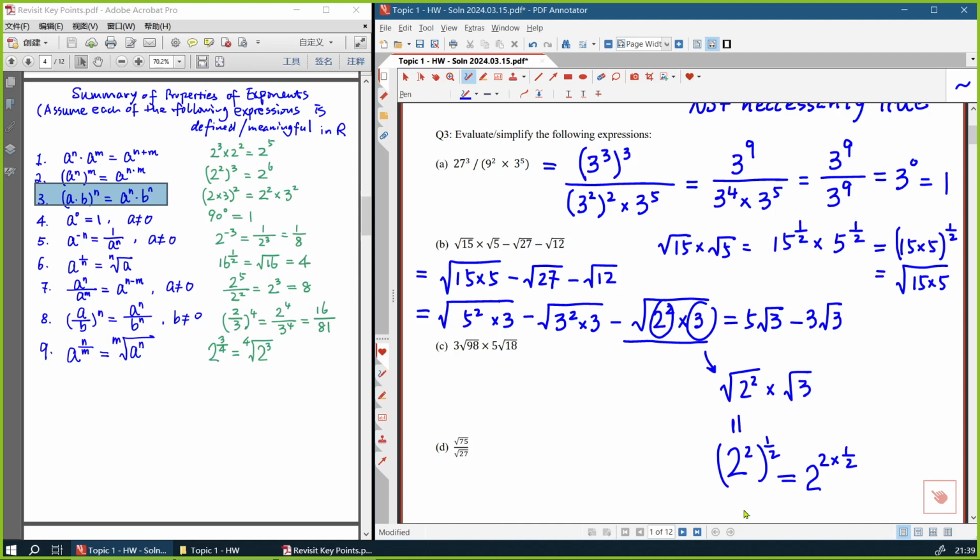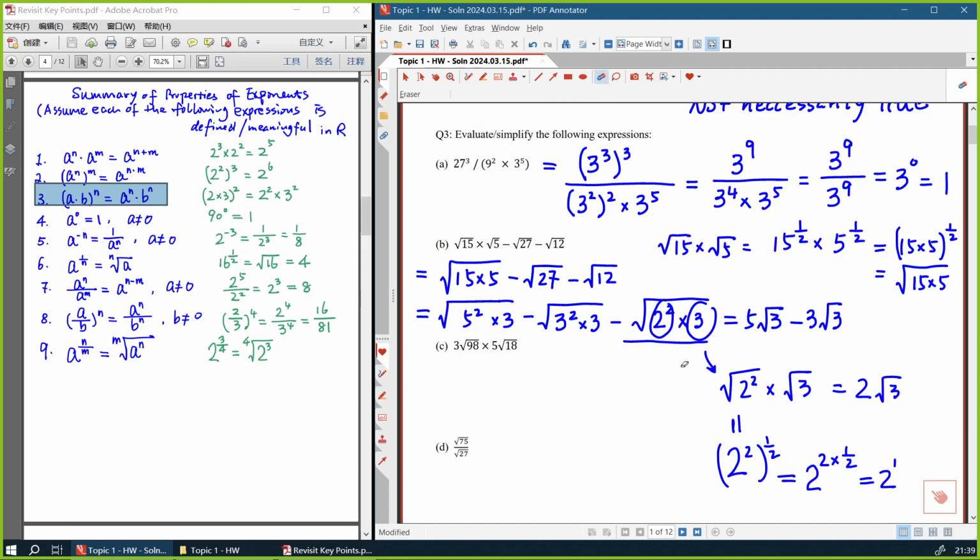You follow me? Yeah. So that equals 2 to the power of 1, right? Yeah. And next time, you can just directly write square root of 2 to the power of 2 is actually 2. So that's 2 times square root of 3, right?